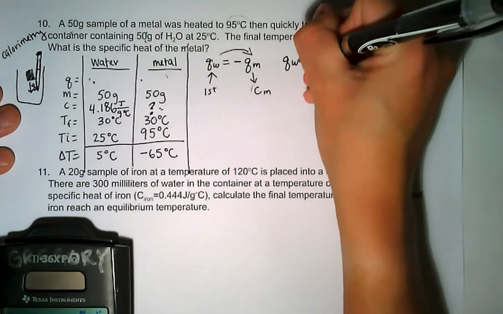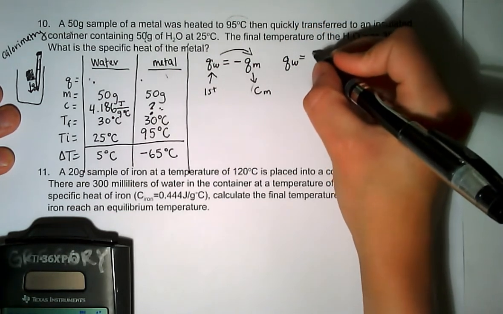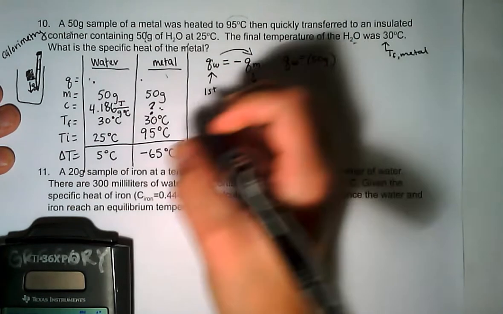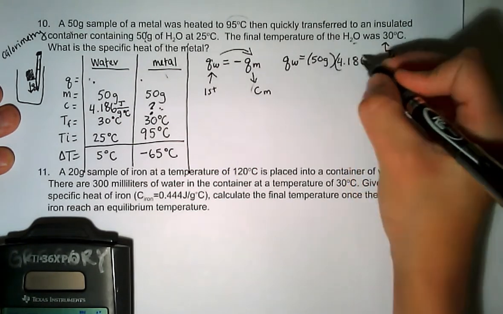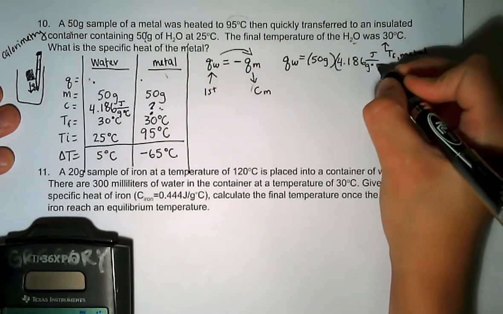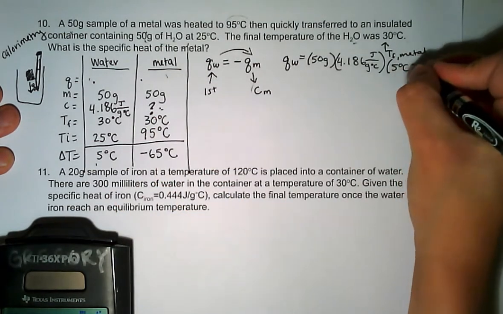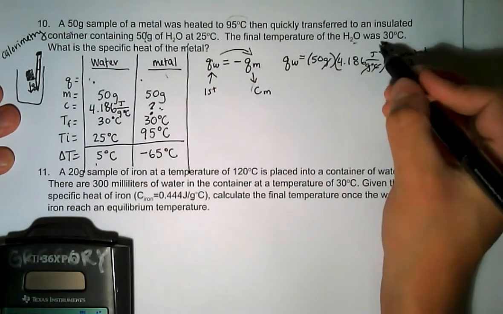So Q_W equals M times C times delta T. This is all for the water, so 50 grams times 4.186 joules per gram degrees Celsius times delta T, so 5 degrees Celsius. So my degrees Celsius cancels, my grams cancels, I'm just going to have joules.